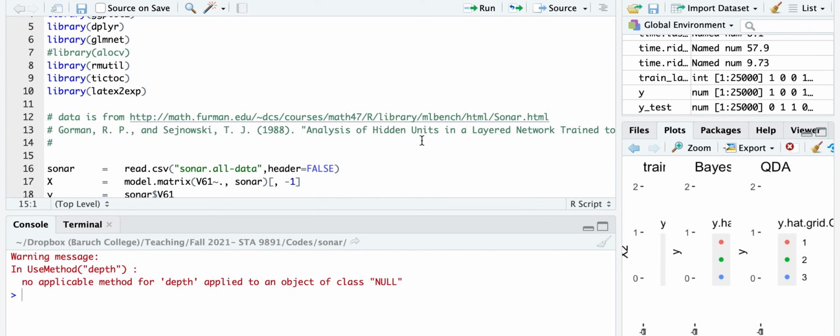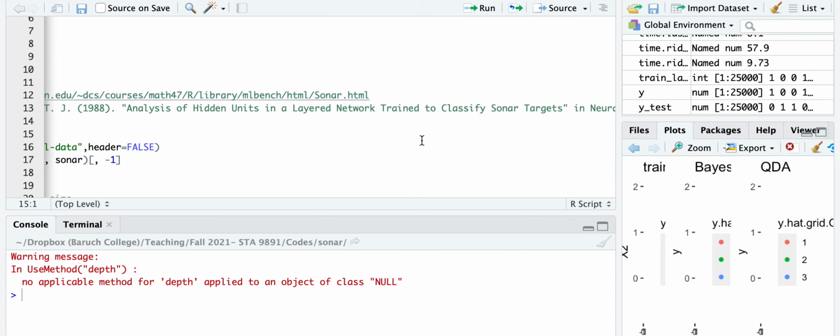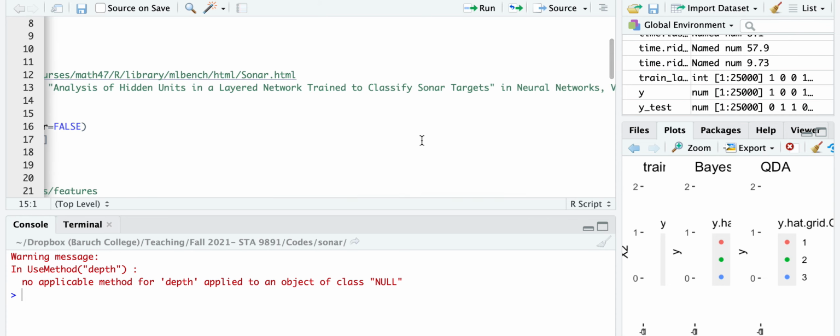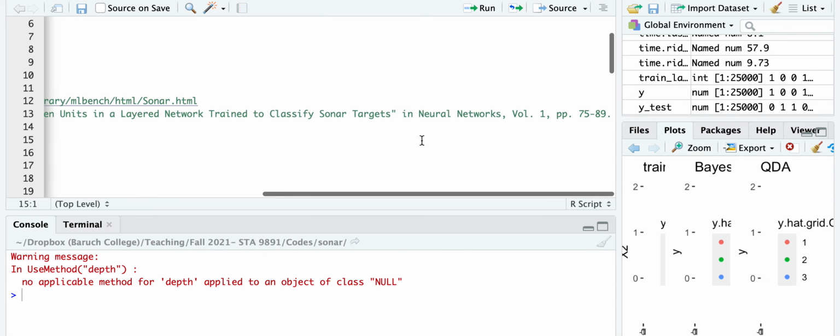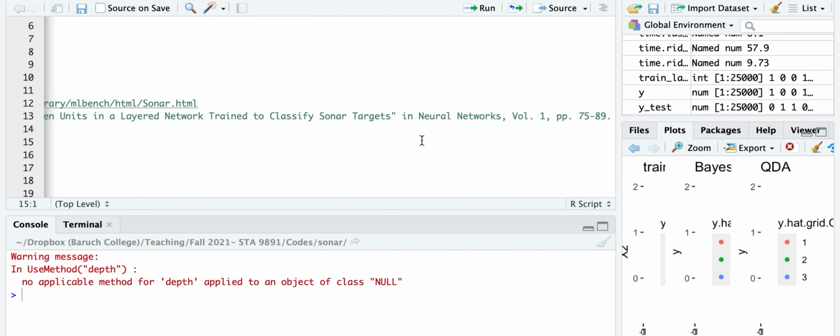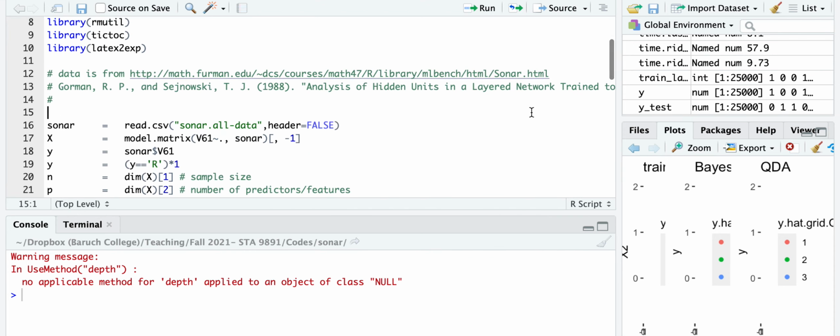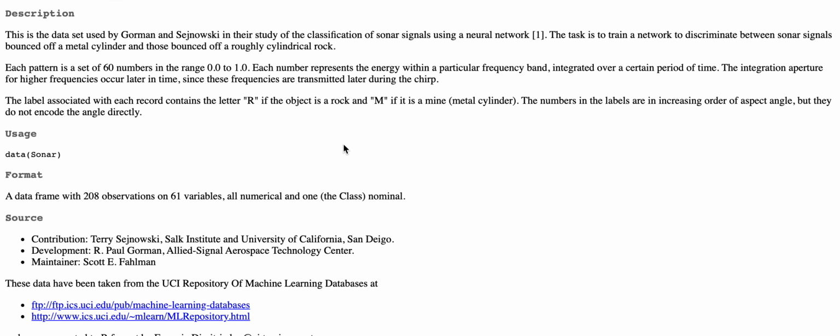It's from a paper, Analysis of Hidden Units in a Layered Network Trained to Classify Sonar Targets, published in the journal Neural Networks. So let's look at this for a second. This is the data set used by Gorman and Sejnowski in their study of the classification of sonar signals using a neural network.